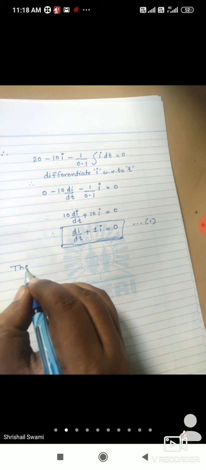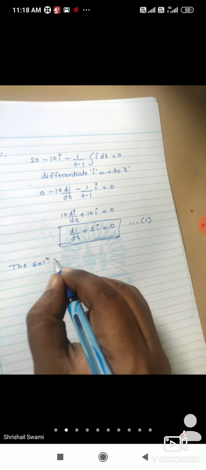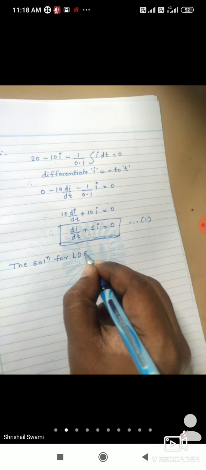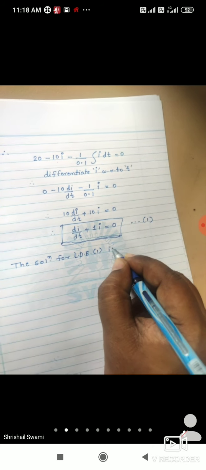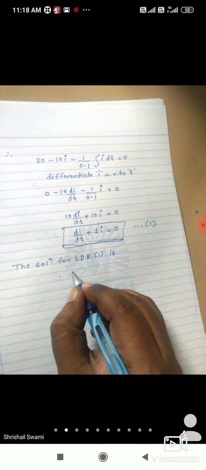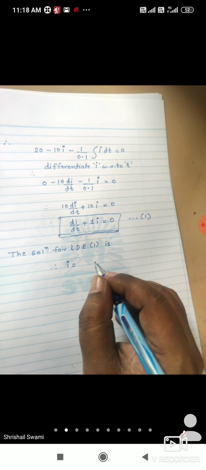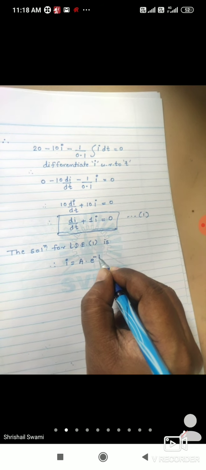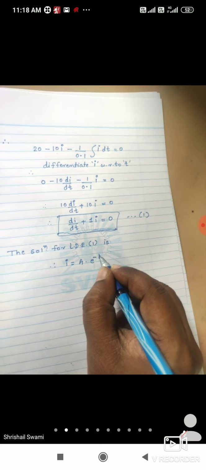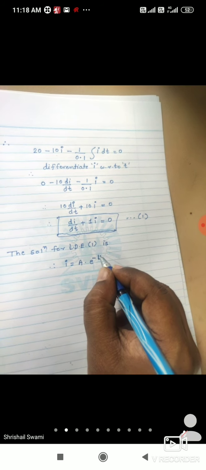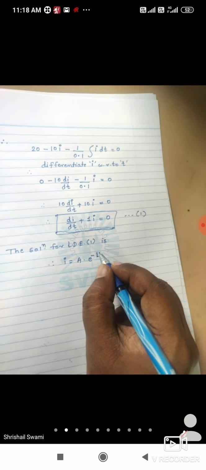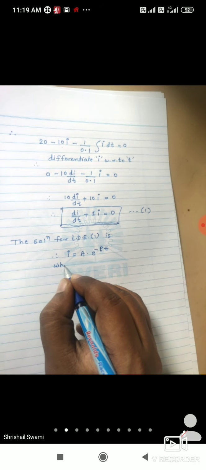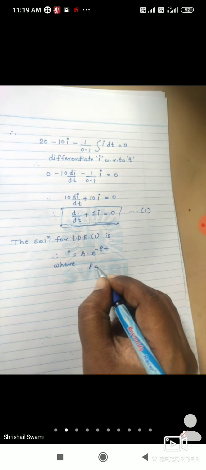So the solution for linear differential equation 1 is I is equal to a into e raised to minus pt, where p is equal to 1.